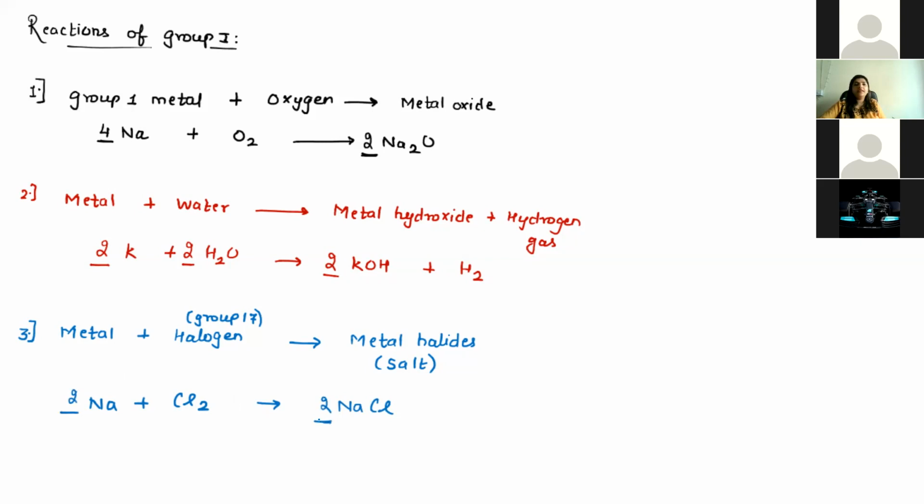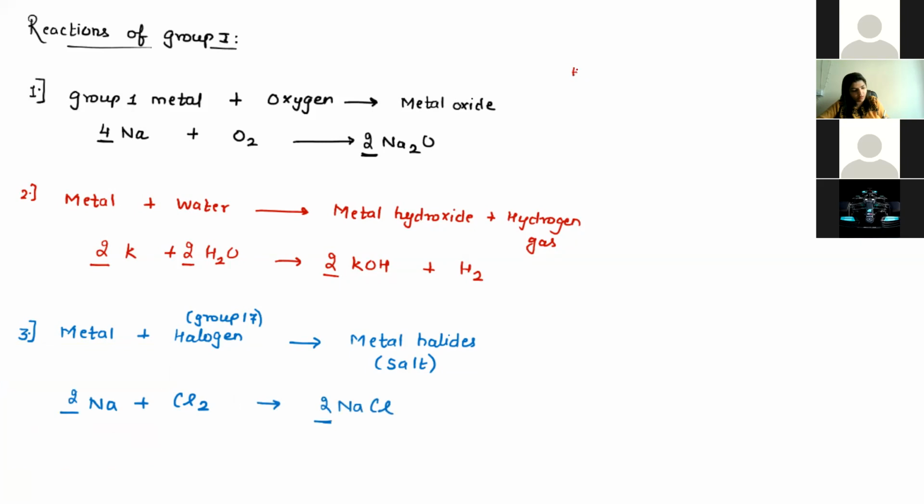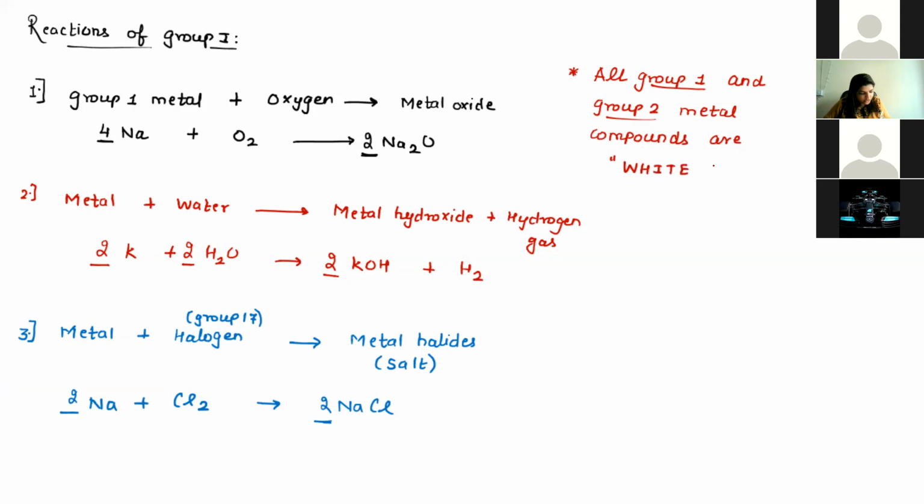Okay. Now another very important point: all group 1 and group 2 metal compounds, so I'm talking about alkali metals and alkaline earth metals, all group 1 and group 2 metal compounds which are formed are white solids.